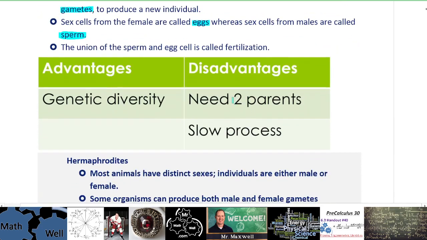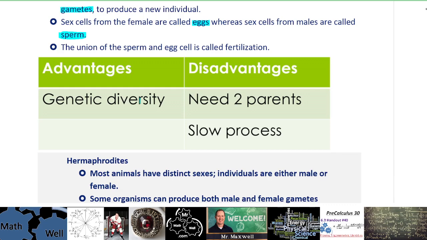So sexual reproduction has some advantages. Genetic diversity. We talked a little bit about this yesterday. One of the disadvantages of asexual reproduction is that often they're producing clones, just identical miniature versions of themselves. There's not much in the genome or the genetic information that's changing.